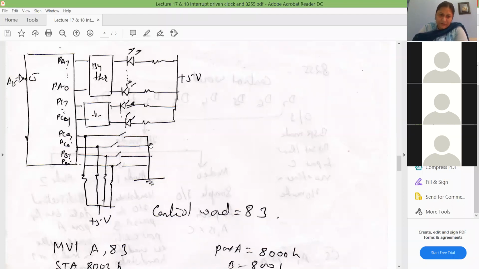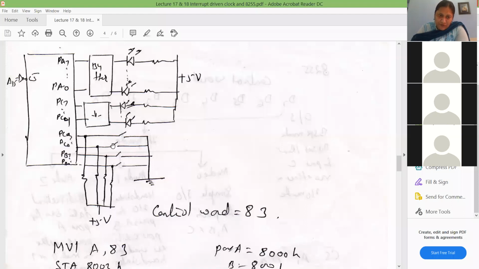This is on means it is connected, shorted. Shorted means what is the potential available at this pin? 0, directly 0 is connected. So when the switch is on, 0 will be available.